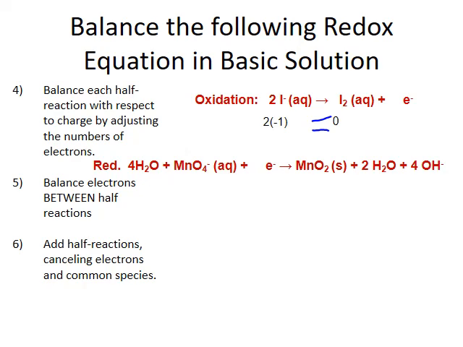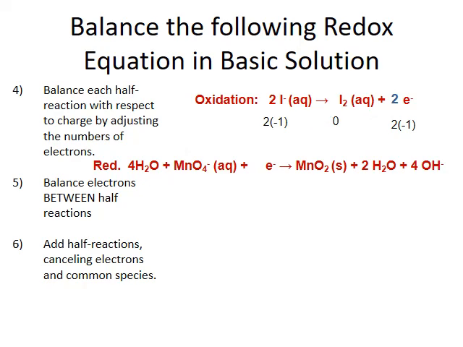And to raise the charge to the same value as the reactant side, we just need to adjust our number of negatively charged electrons to 2. So we add a 2 coefficient in front of the electrons. And now 0 plus 2 times -1 gives us -2 on both sides of the oxidation half reaction.